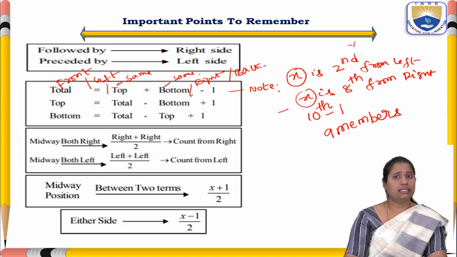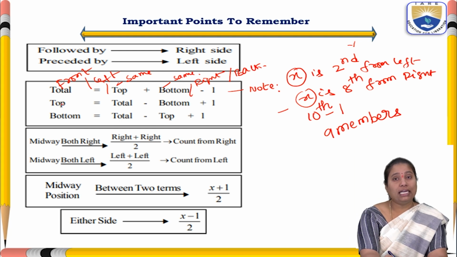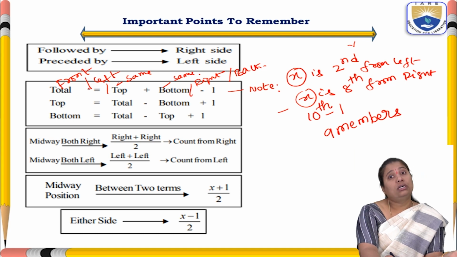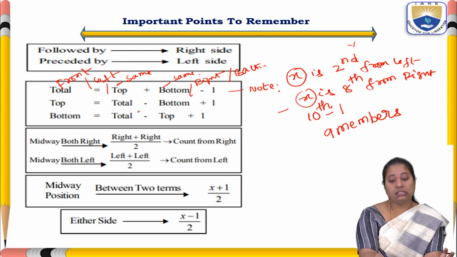So that is the way to calculate the number of strength in a particular row. For example, in this one, if the top position or the left position or the front position is given, and if we want to know the bottom position of that person and the total is also given, then the formula is total minus top plus 1. If we want to know the top position, total minus bottom plus 1.